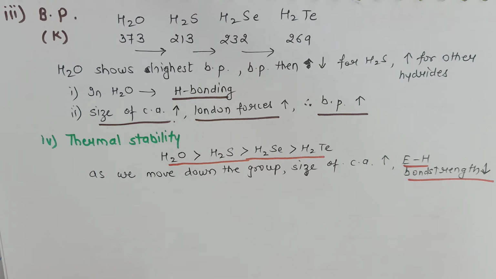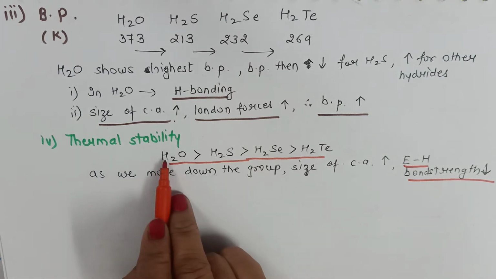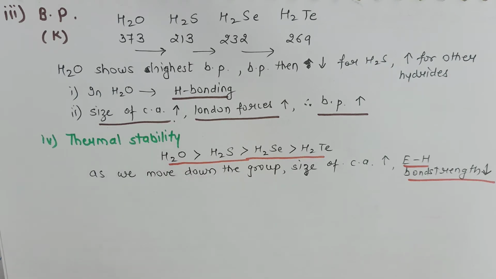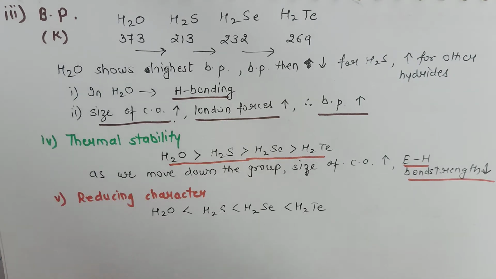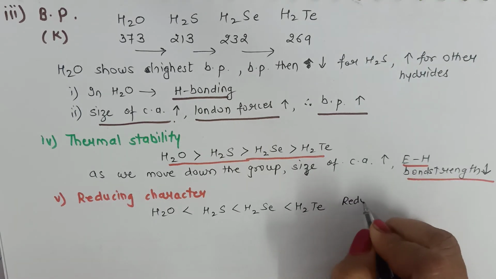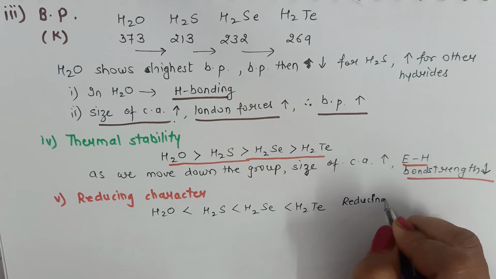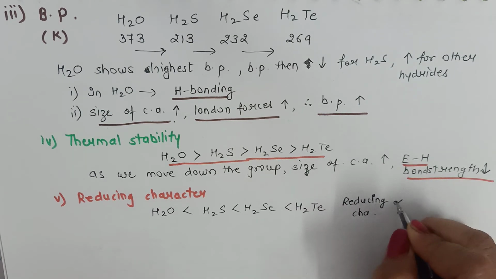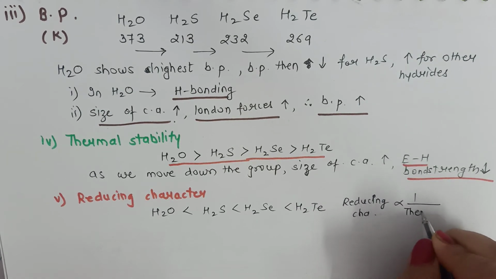So the E-H bond can be broken very easily, and therefore water is the most thermally stable compound. If we look at the reducing character, the order is exactly reverse because reducing character is inversely proportional to thermal stability.